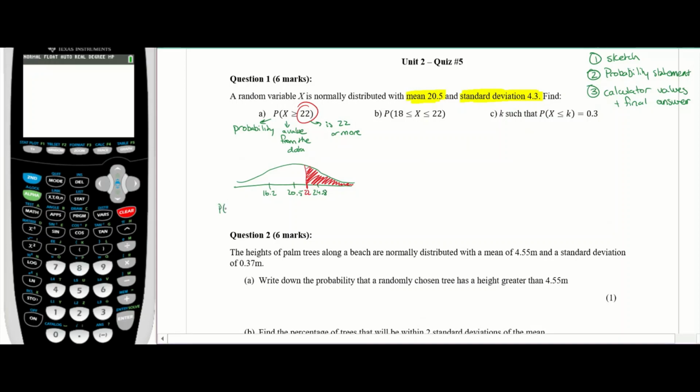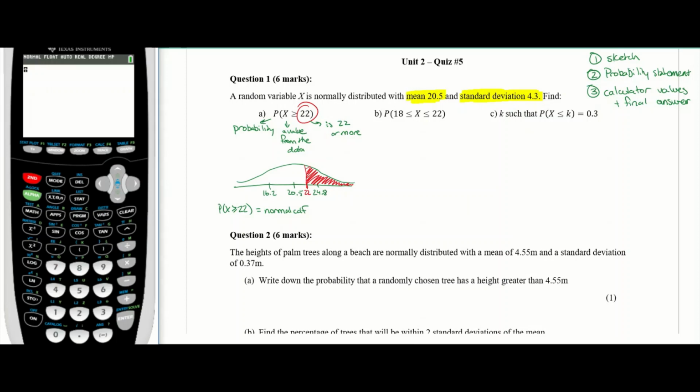So this probability that a randomly selected value is greater than or equal to 22 is going to be one that requires us to use the normal CDF function on the calculator. So to get there, press second, and then go to this button that says VARS right underneath the arrows. You'll see the letters above the button are an abbreviation for distribution. So we're dealing with the normal distribution.